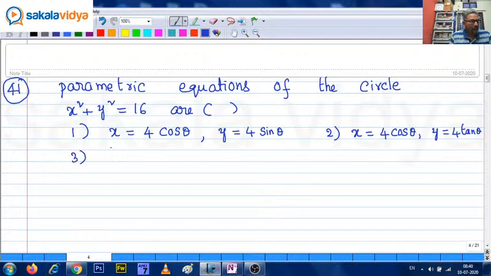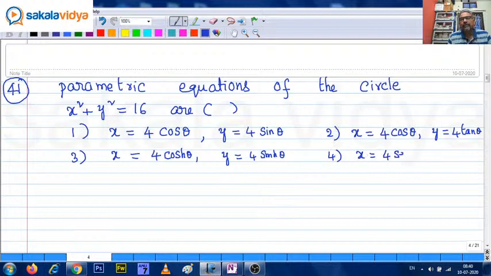Third option, x is equal to 4 cos hyperbolic theta, y equals to 4 sin hyperbolic theta. Fourth one, x is equal to 4 times sec theta, y is equal to 4 times tan theta. Yes, option 1 is the right option.